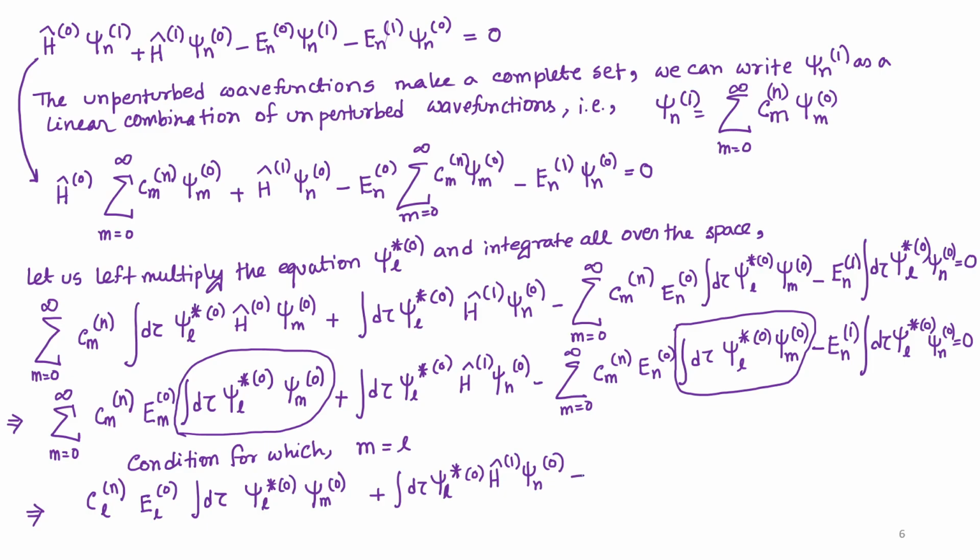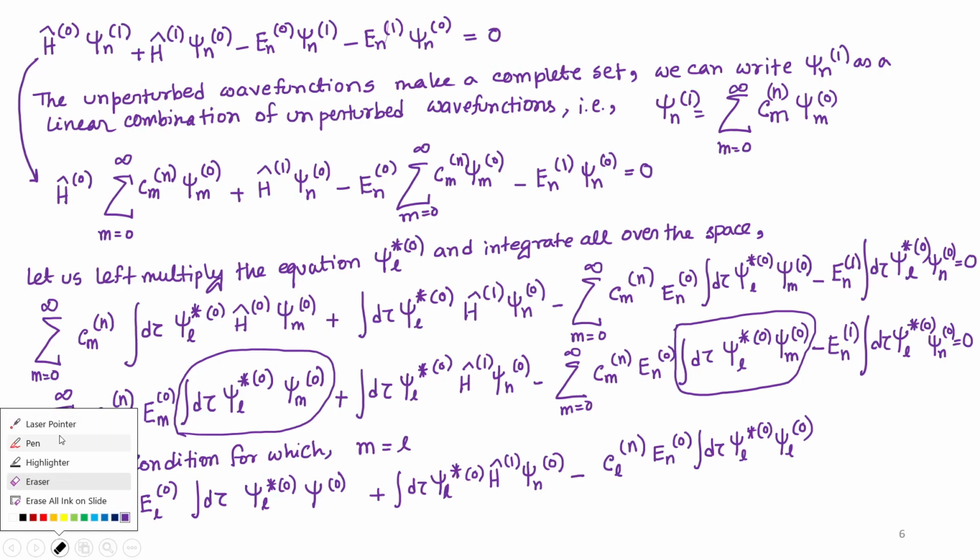And now this summation is also going to vanish, because all but the m equals l term are going to survive. So that is Cn. So I have made a mistake here.